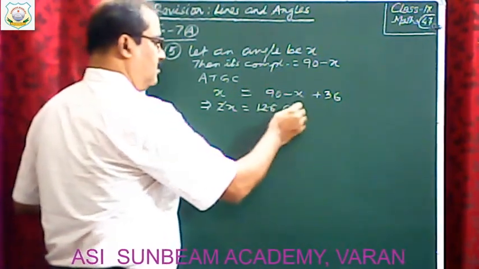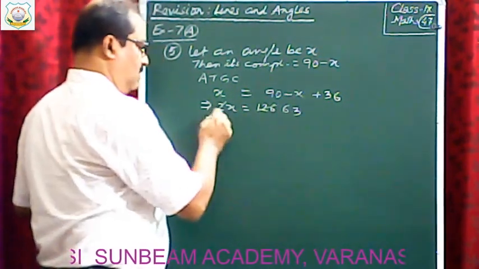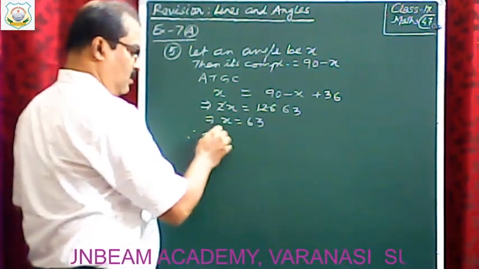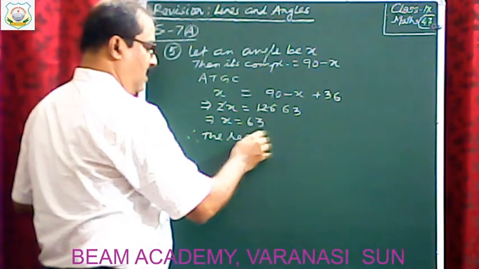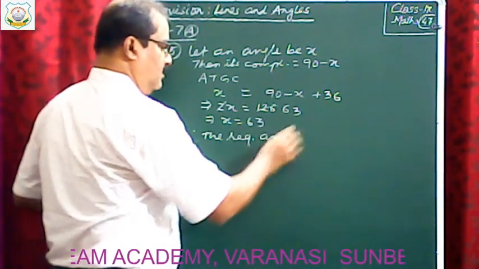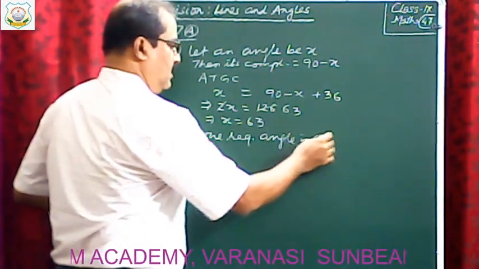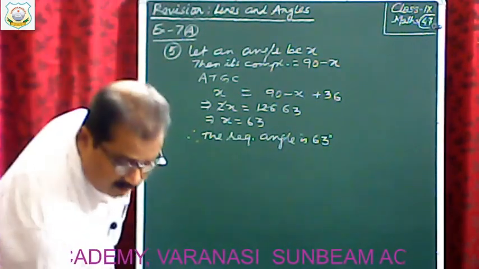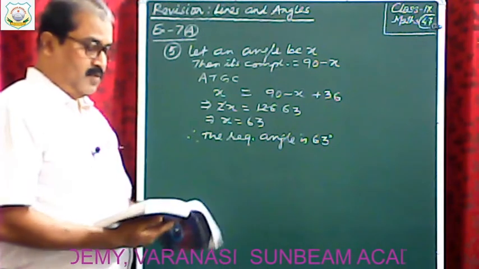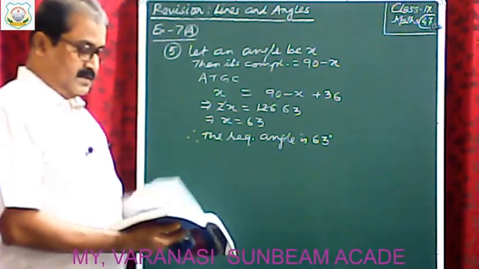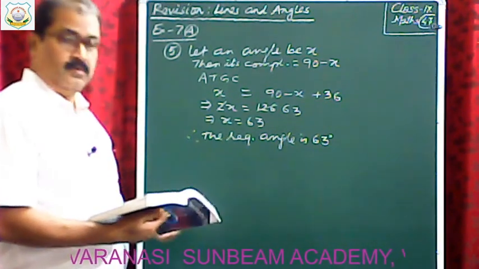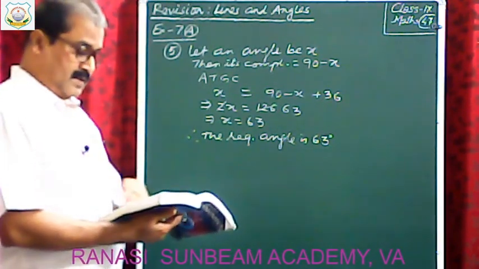Reducing, we get x equals 63. Therefore, the required angle is 63 degrees. Okay, the same pattern of questions is given in Exercise 7A. You have to do all the questions in the same manner.